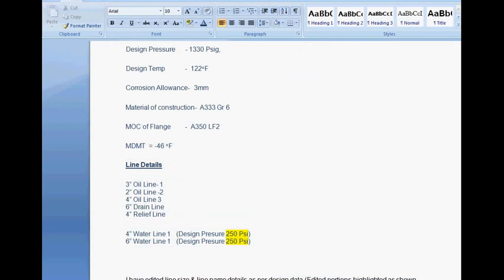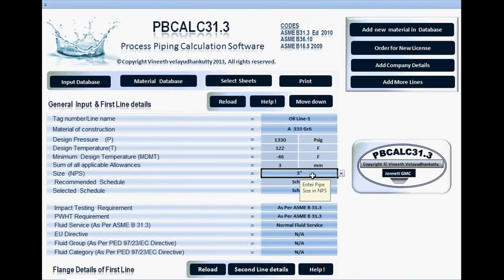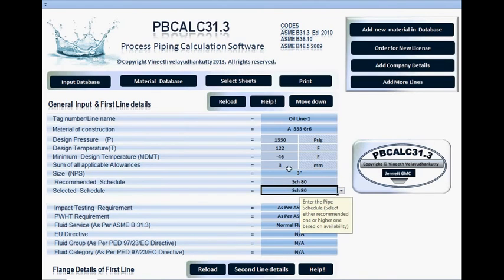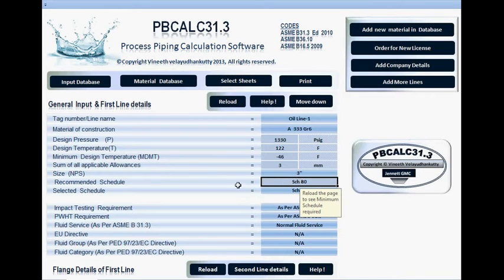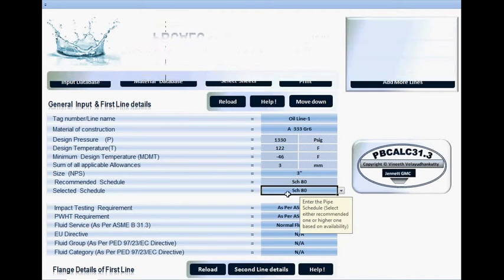Line size is 3 inch, so it automatically recommends the record schedule for this particular design condition, and it's recommended as schedule 80, and I also selected schedule 80.